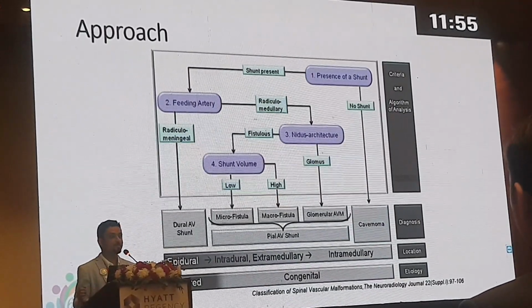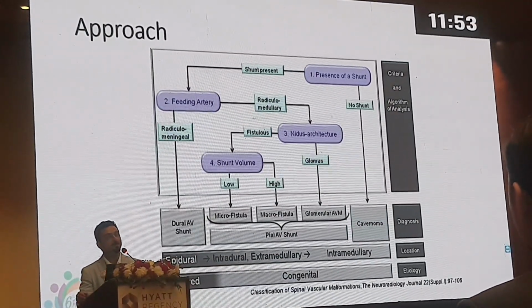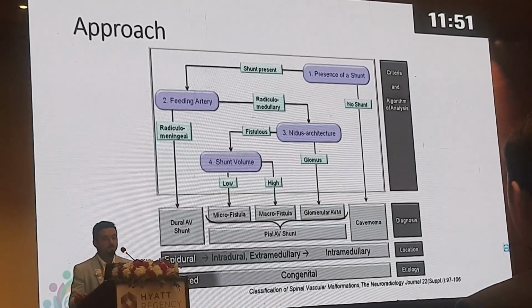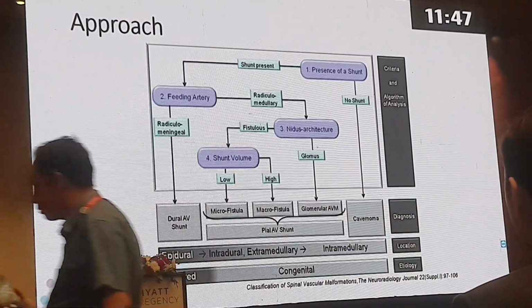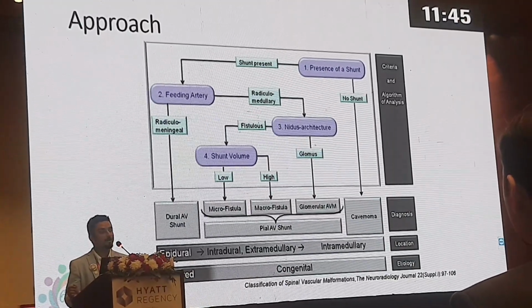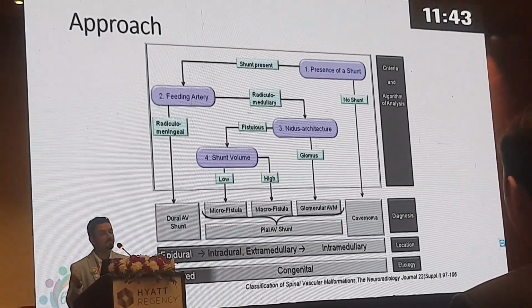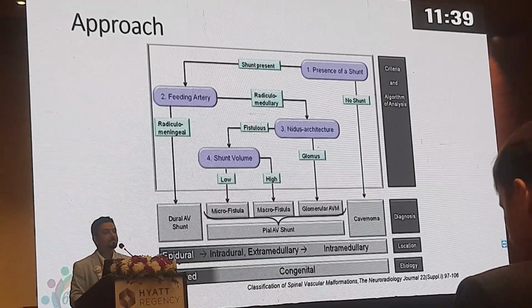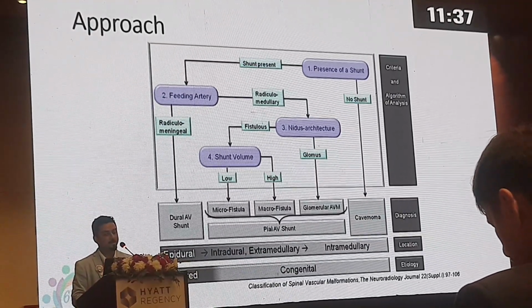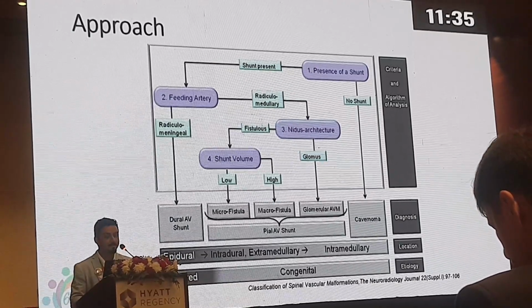Now, how do we approach a spinal shunt? Whenever in MRI or clinically we have a suspicion of having a shunt in spinal vasculature, the next step is to identify the feeding artery.